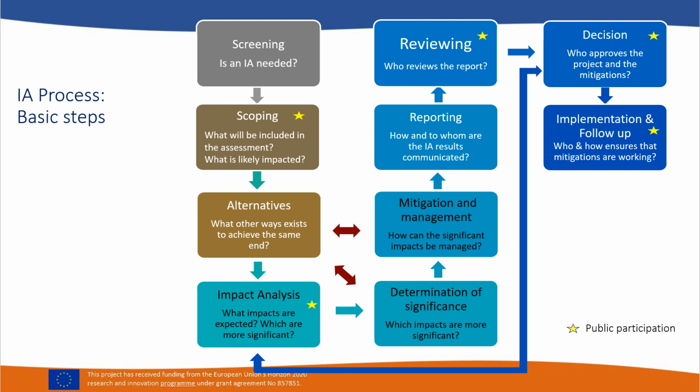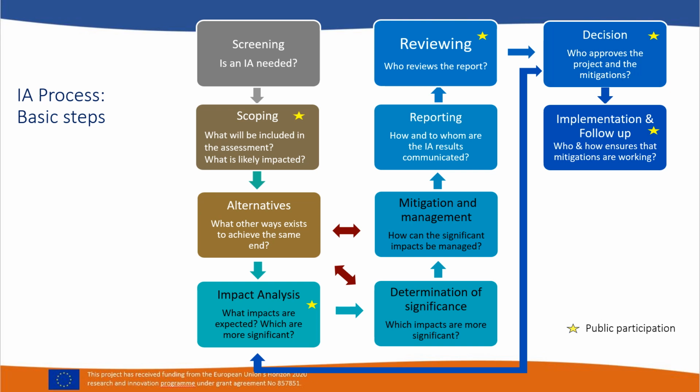Sometimes within the scoping, or sometimes as an additional step, it is required to analyze alternatives for the project. These are other ways it could be possible to implement that project, or other ways it could be possible to satisfy the need that motivated the project.